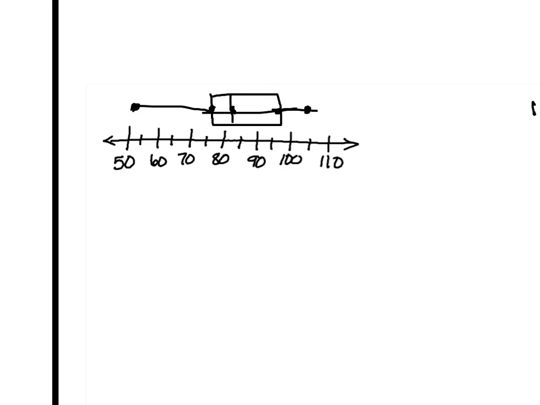So what does this tell me about the data? Remember, this is 25% of data, this is 25%, this is 25%, this is 25%. Where is most of the data concentrated? 25% of data is here between 76 and 81. If you had a total of 10 numbers, three of those numbers would be right there.